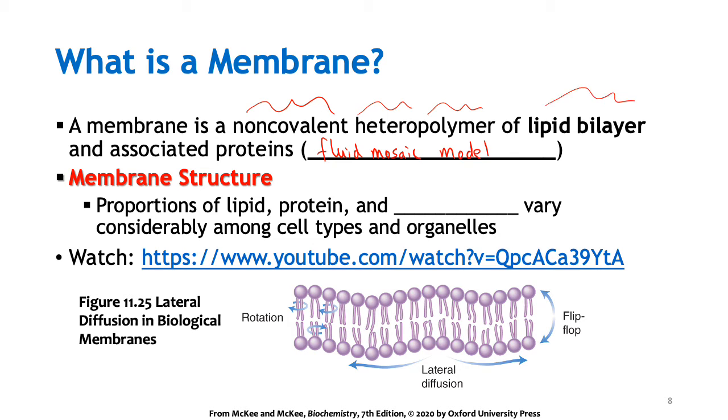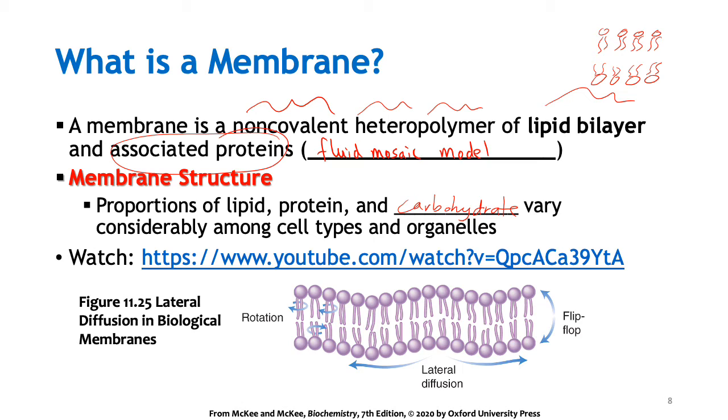Lipid bilayer, remember the phospholipid bilayer, where you have the fatty acid tails, the polar heads, containing the phosphate group, the long hydrocarbon tails that are aliphatic and hydrophobic, meaning they don't interact well with water. And they spontaneously come together. And whenever you look at membrane structure, there's also associated proteins, glycoproteins and whatnot, and proportions of the lipid, protein, and carbohydrate components vary greatly between cells.